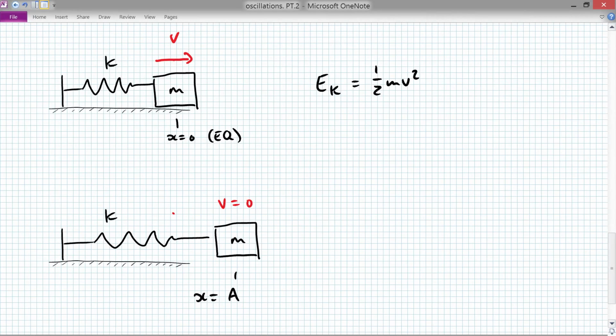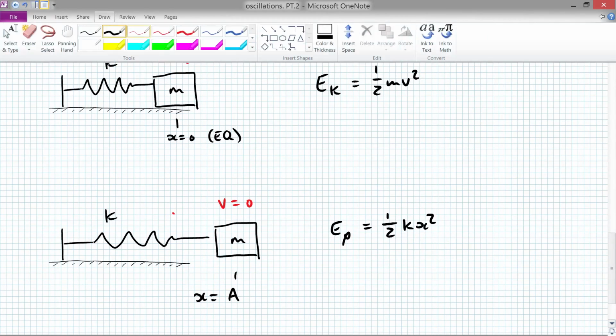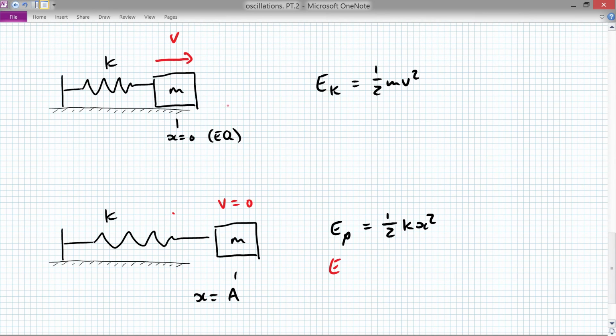But I do have energy related to the spring. There is some work done by the spring here, and I'm going to call that elastic potential, so EP. And that's given by the equation half kx squared, so it is dependent on the spring constant. So now you can see why it's important that we don't overstretch the spring, because then we're changing those values and therefore changing the energy stored in the spring. So here we just have potential energy, EK is 0, and at the equilibrium position EP is 0.